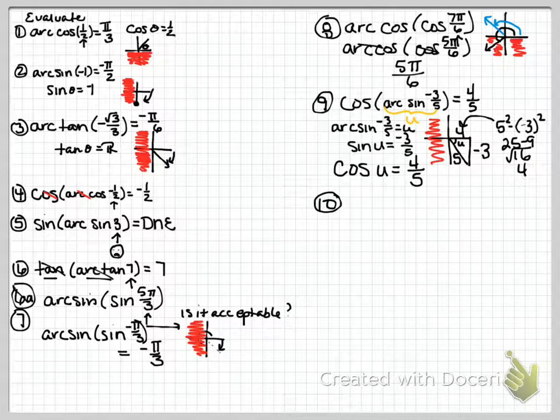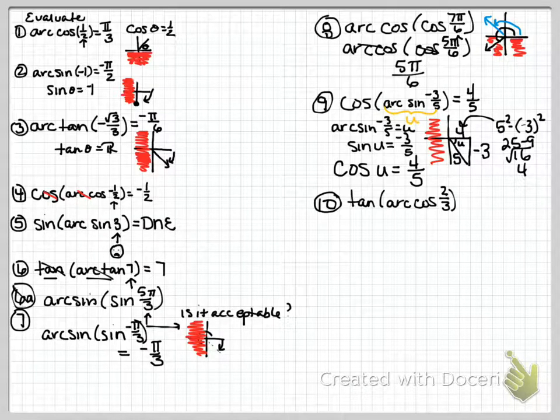So let's go back and do 9. It's the same thing. Same idea. I want the tangent of arc cosine of 2/3. Same thing, can I have 2/3?